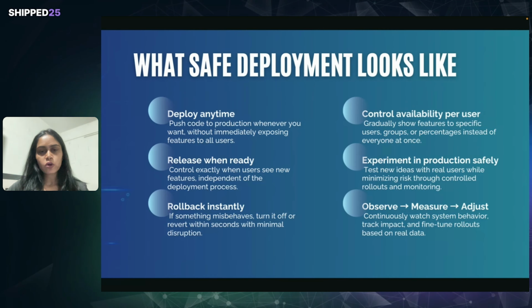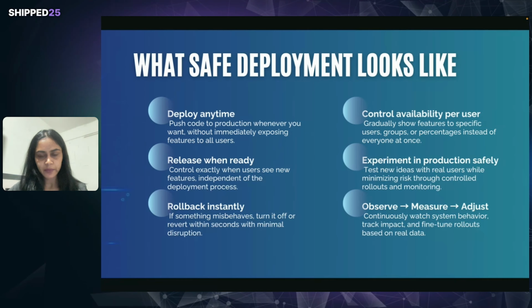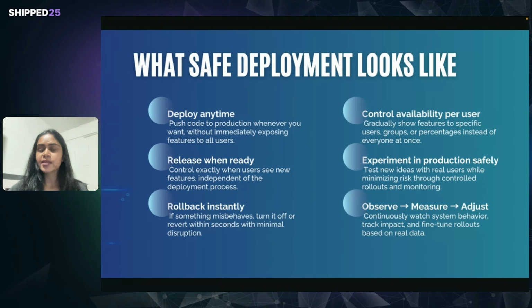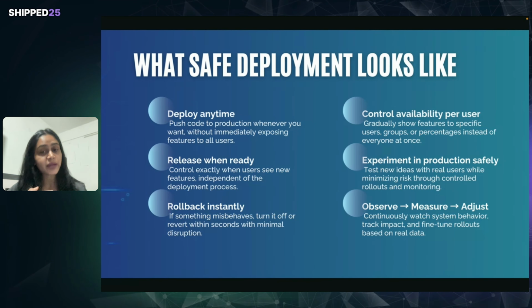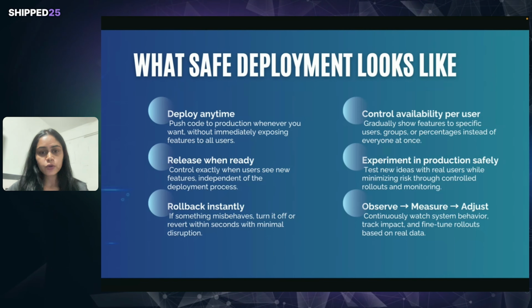Then we can talk about one of the biggest superpowers, which is experimenting safely in production. This is a very important and highlighted thing: directly testing in production, or performing experiments live in production.